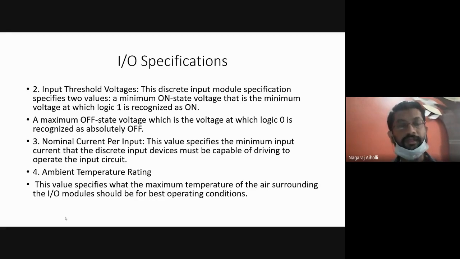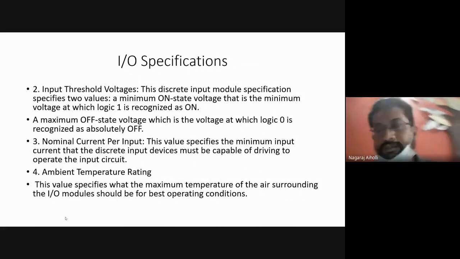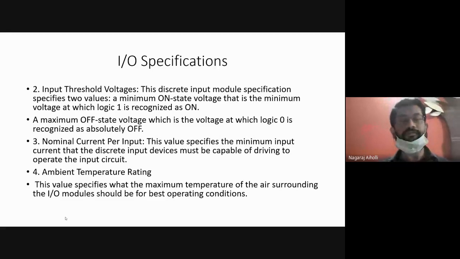Next, ambient temperature rating. Any idea what is meant by ambient, students? What is the meaning of ambient? Any idea? Have you heard of the term ambient? Yes, please. Anybody?